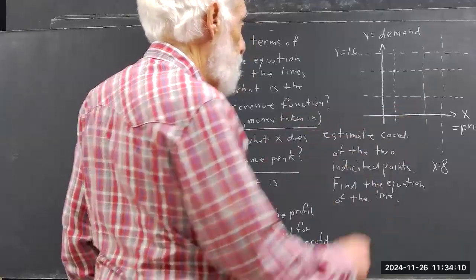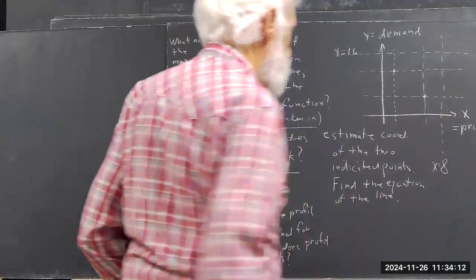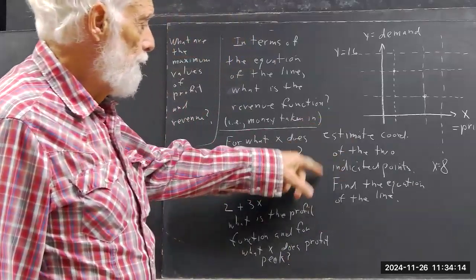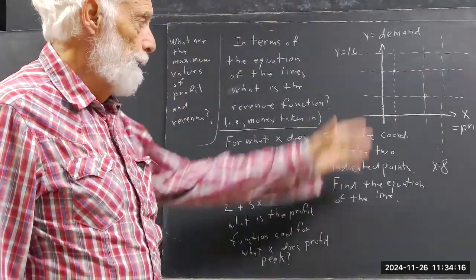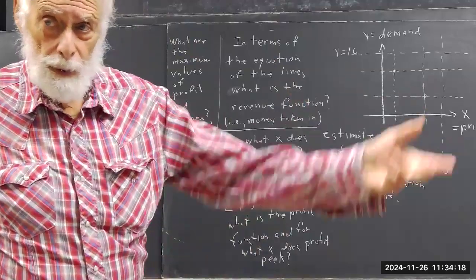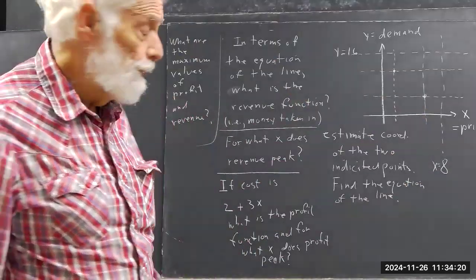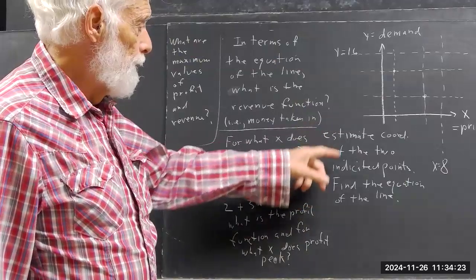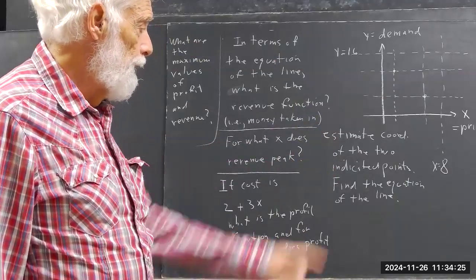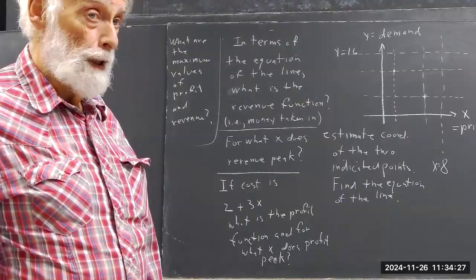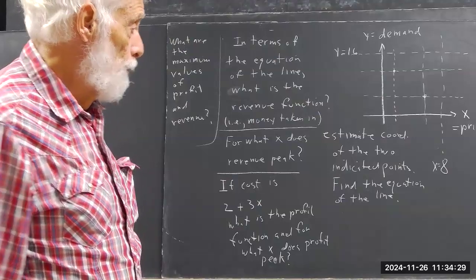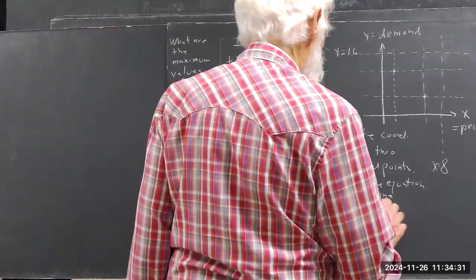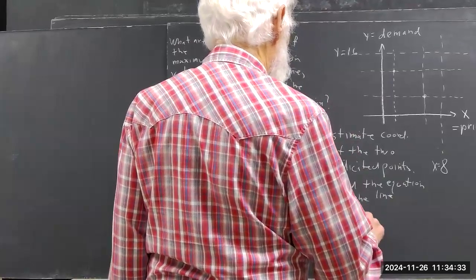So the question was, estimate the coordinates of the 2 indicated points. So make your own estimate. I threw out a couple of numbers there, but don't take my estimates. Figure out your own. Estimate the coordinates of the 2 indicated points. Find the equation of the line through the points.